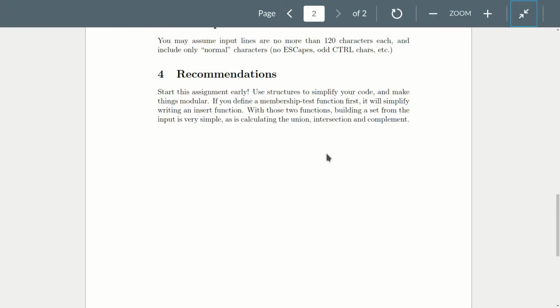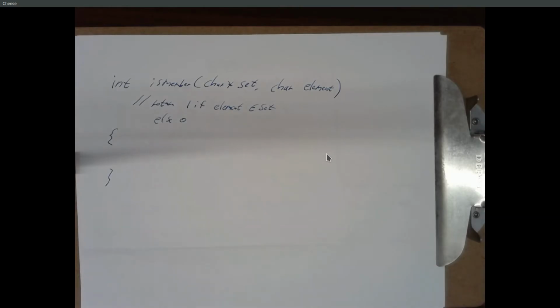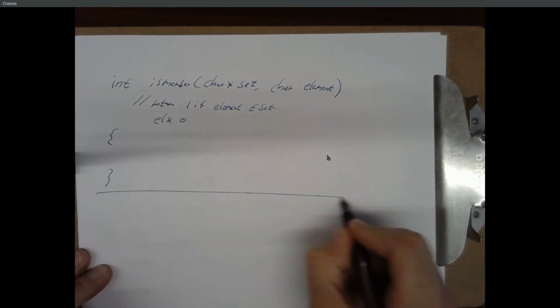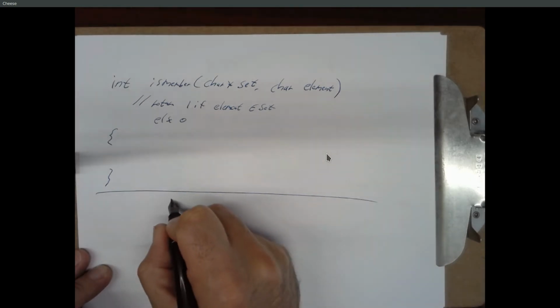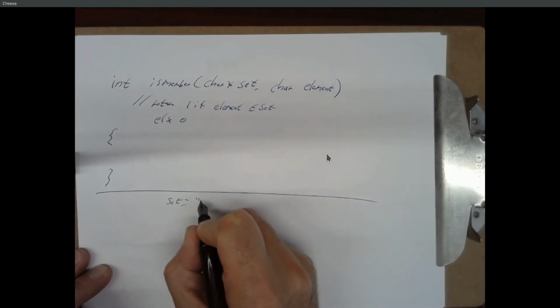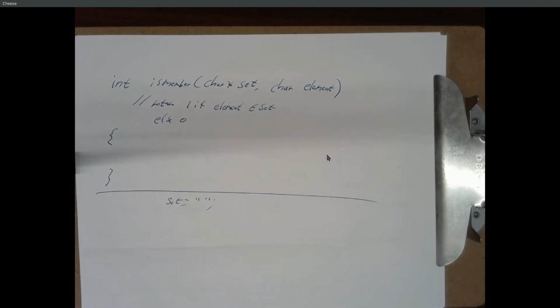Okay, if you have a membership test function, it's very easy to build a set that gets rid of duplicates. And so how do you do this? Start off with a set that's just equal to the empty set, which is just a string of length 0.